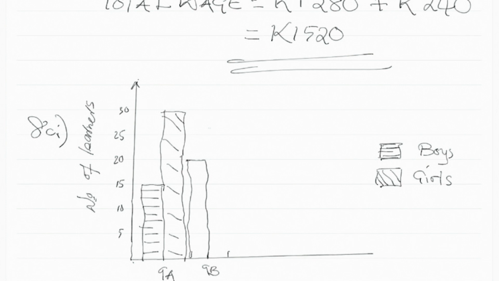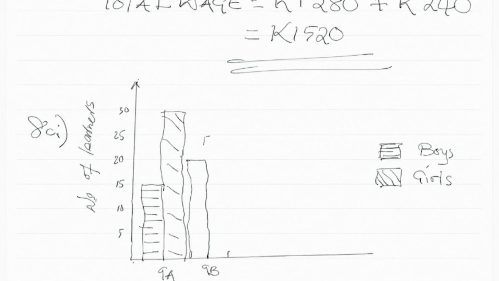So you go where there is 25. So boys, it is shaded like that. Girls, like this. You make sure that you do this with a ruler. You demonstrate your knowledge of it.